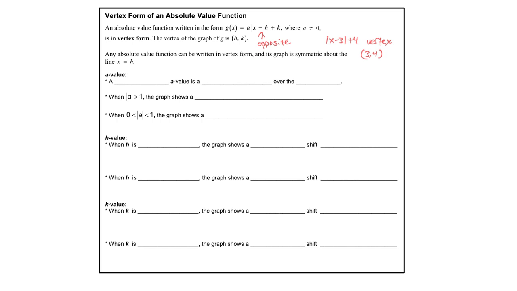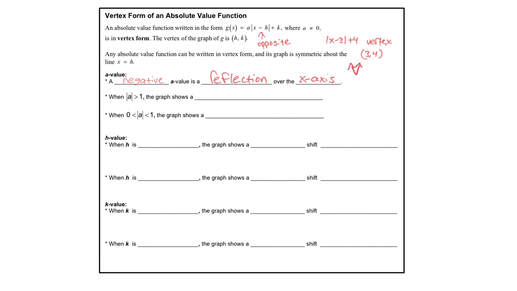First, a negative a value is what we call a reflection over the x-axis. Okay, so sometimes we would say that this is the normal absolute value.